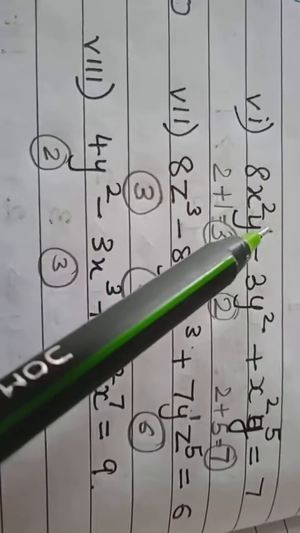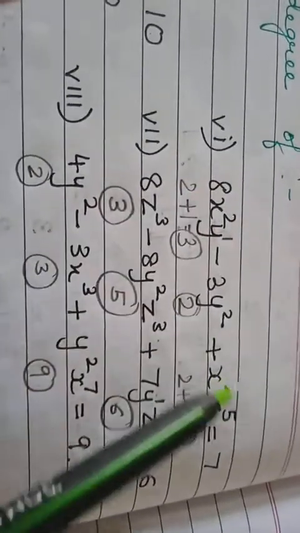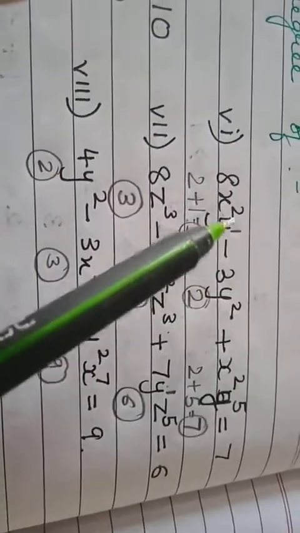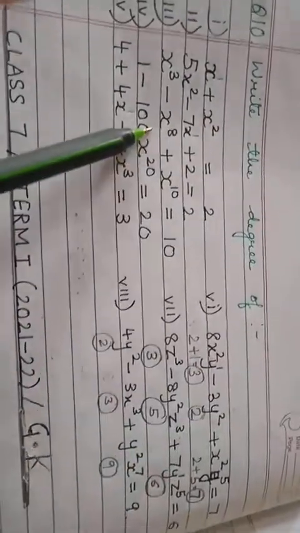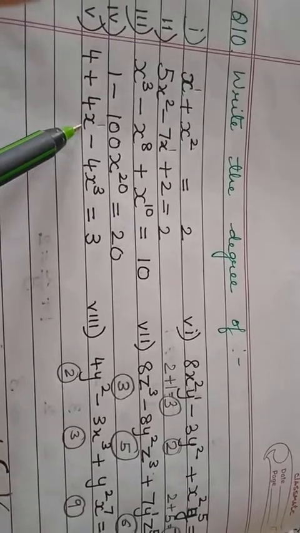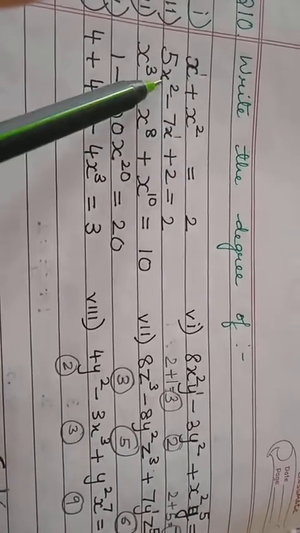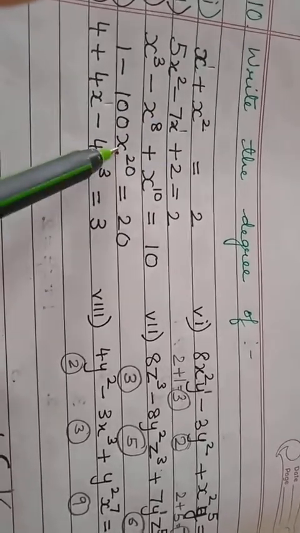x square y raised to 1. Now let us see. Here also we have to do the same thing, but here you can understand the difference between this side and this side. Here all are algebraic expressions with one variable, meaning I have used only x here, only x here, x here, x here.